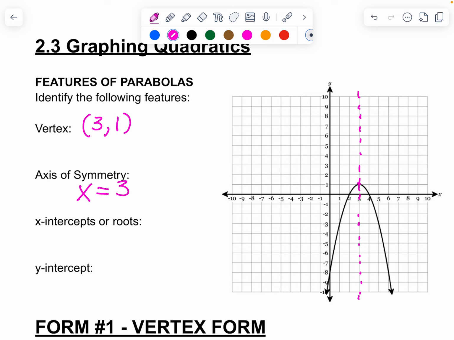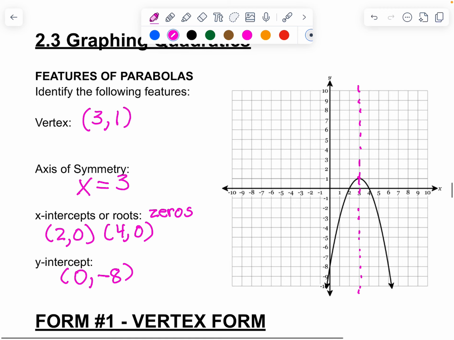X-intercepts, roots, zeros is another word you'll hear when we're talking about where the quadratic crosses the x-axis. So that should have been at (2, 0) and (4, 0). And then your y-intercept, where it crosses the y-axis, in this case, was at (0, -8).